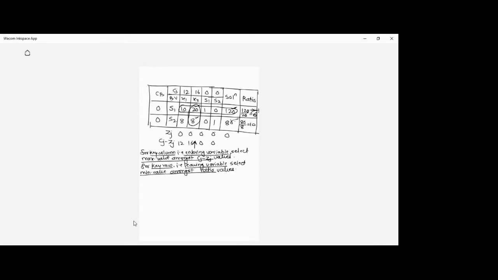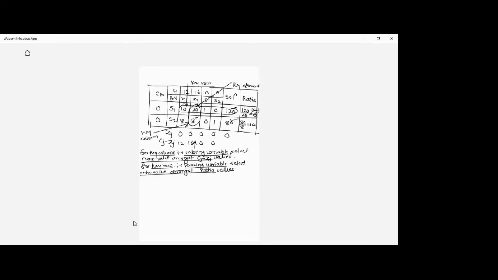Now this 20 is nothing but the intersection of the key row and key column, and this 20 is called the key element. This is your key column, and this is your key row.